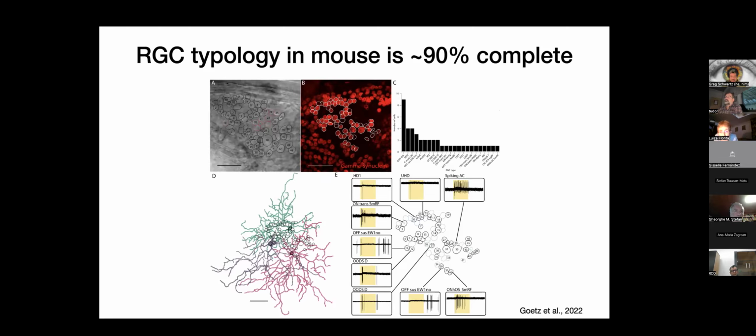So I think the real number of types, we found 42, the real number is probably between 45 and 47 or something, but that's pretty good. We're 90% of the way there essentially. And this is something that I think can't be said in most of the rest of the central nervous system, that we're anywhere near 90% to knowing what all the cell types are.